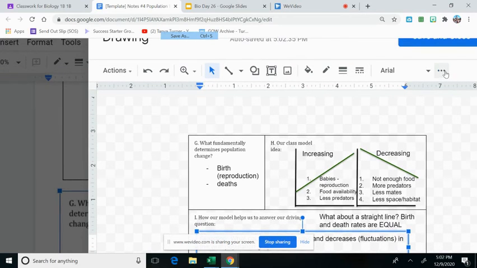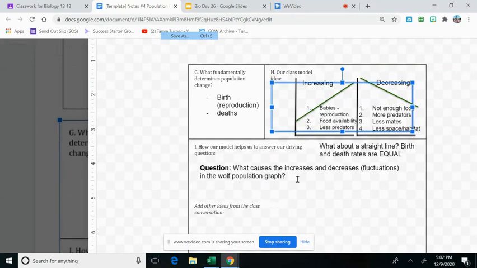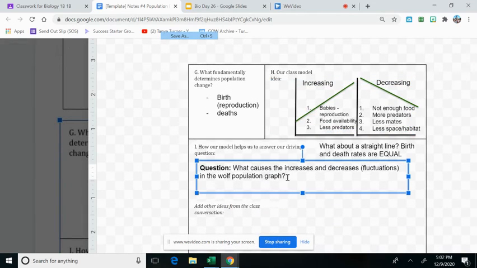Hopefully you have figured out that it is the different factors that are going on. And we've named them all multiple times. It would be the availability of food.